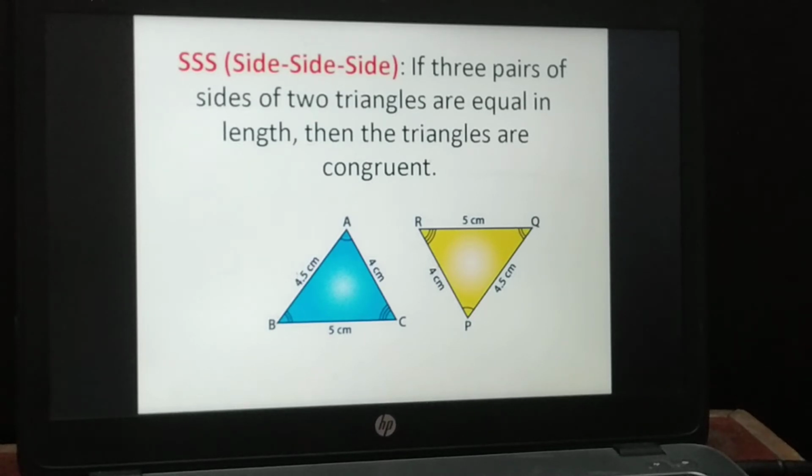Here you can see that this is 4.5, this is also 4.5. Now this is 5 centimeter, this other side is again 5 centimeter, this is 4 centimeter, this is also 4 centimeter. So we can say that in these two triangles the corresponding sides are equal in length. So here we can observe the SSS congruence condition.